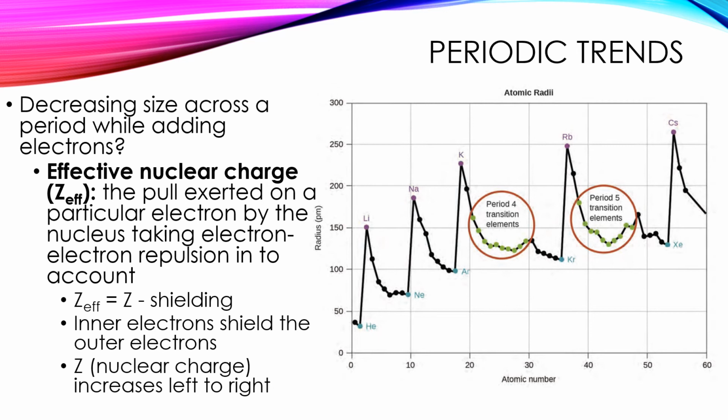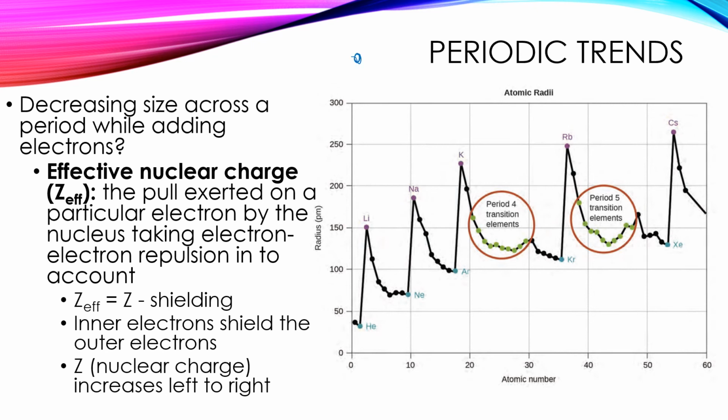We've got to think about Coulomb's law and the effective nuclear charge. Effective nuclear charge is how much pull the nucleus is actually having on the outermost electrons, taking into account things like shielding and electron repulsion. Any inner electrons are going to shield the outer electrons.